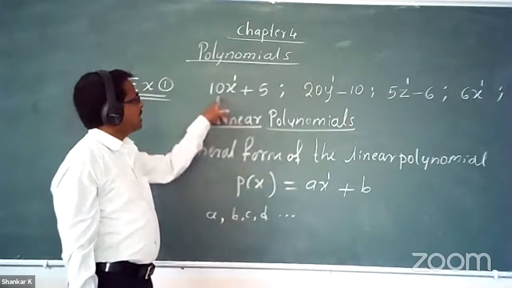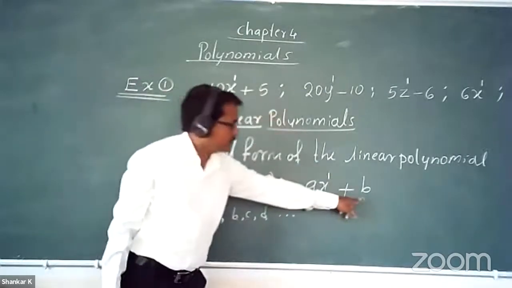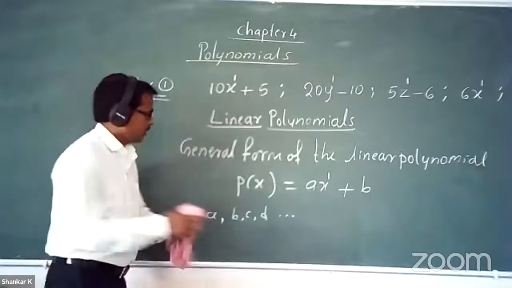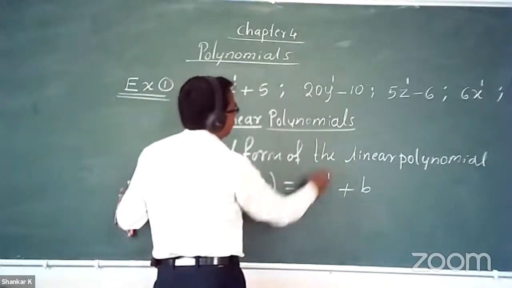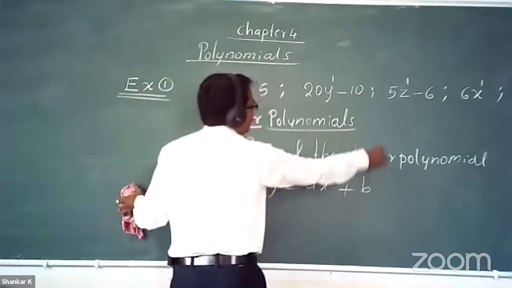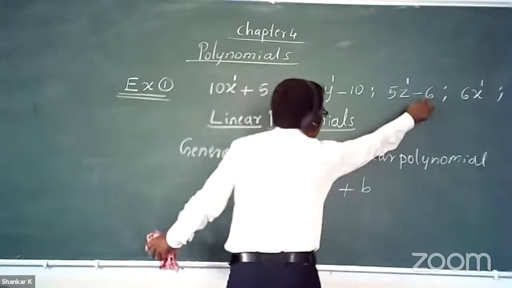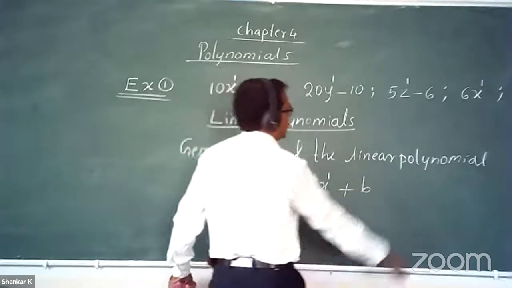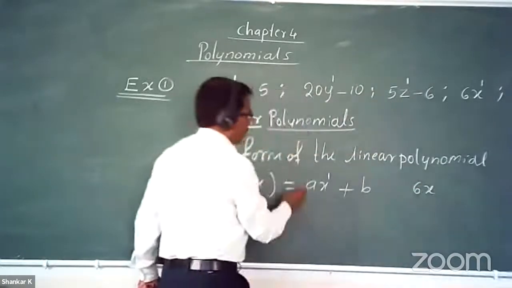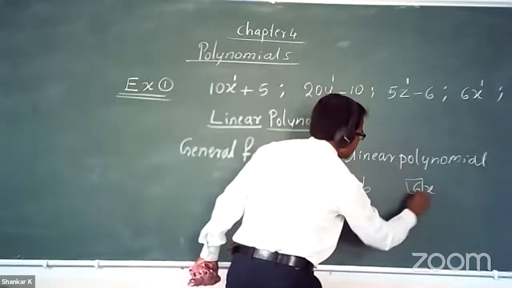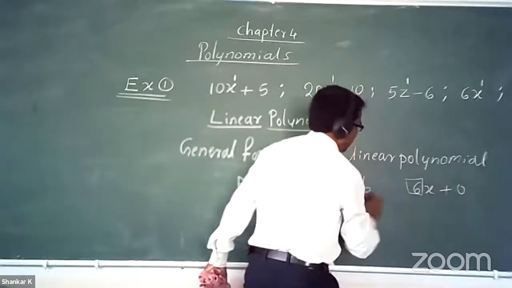For example, in this example, value of A is 10, value of B is 5. In this example, value of A is 20, value of B is -10. In this example, value of A is 5, value of B is -6. In this example, 6x, value of A is 6, value of B, nothing is there, you can put 0, value of B is 0.